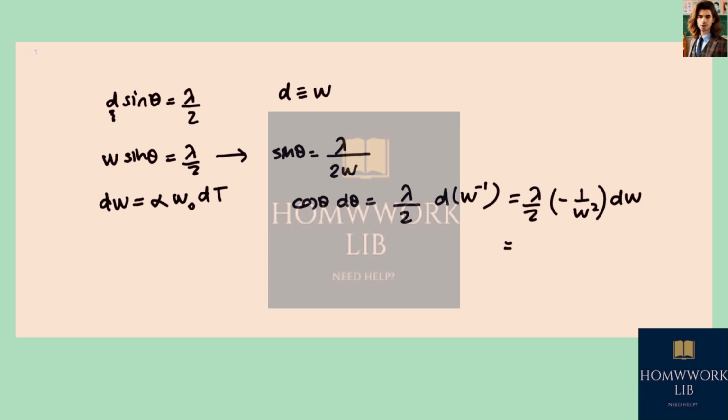So let's rearrange everything here. Now we can plug in dw from the expansion equation, so what we have is negative 1 over w squared, lambda over 2, and for dw we have alpha w naught dt.